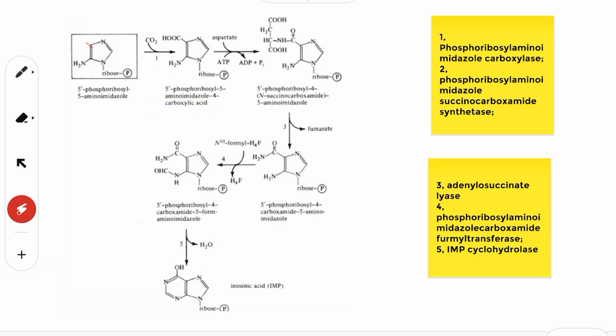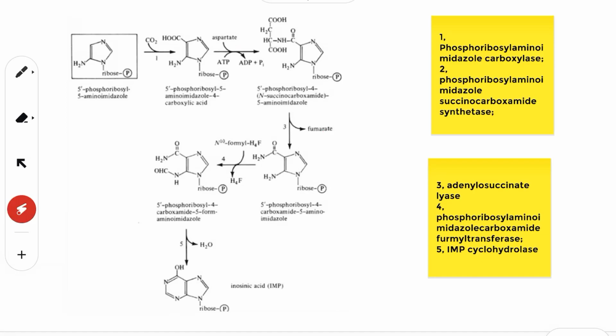So at this position this carboxylic group is linked, and this reaction is catalyzed by the enzyme 5-phosphoribosyl amino imidazole carboxylase.